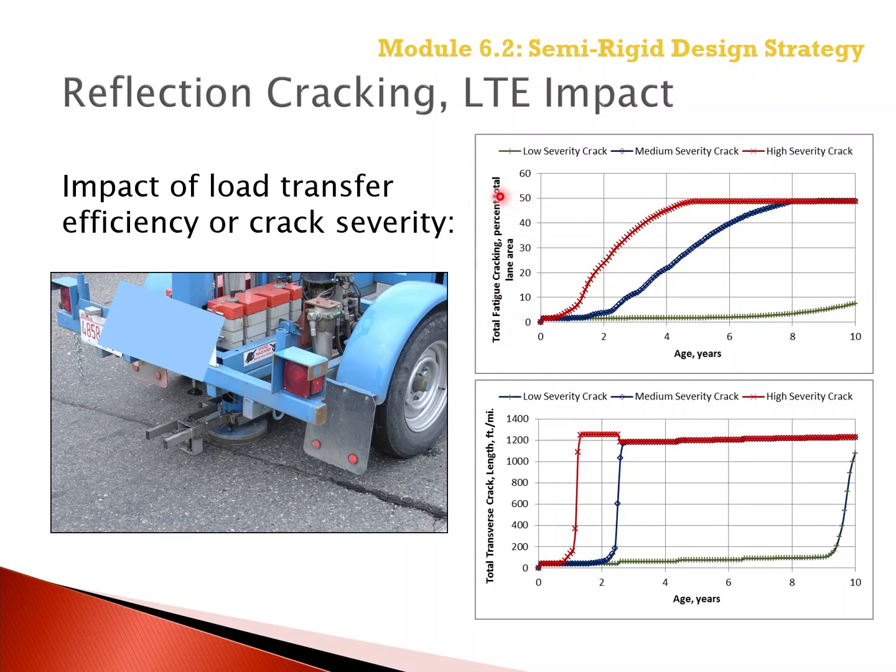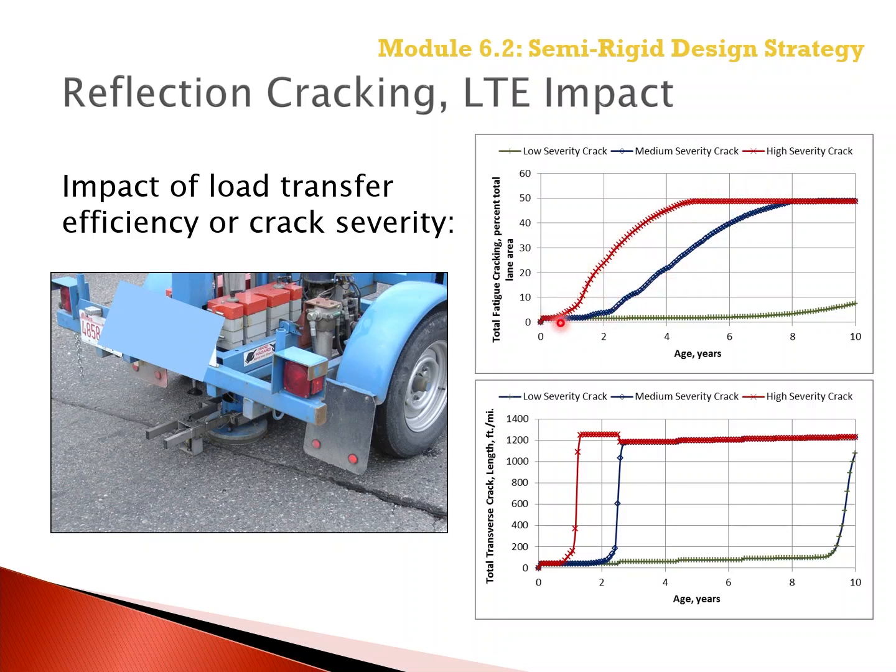This is total fatigue cracking as a function of time on the upper graph. The green is a low crack severity, or a load transfer efficiency of about 85%. The blue is a medium or moderate severity crack, and that is about 50%.